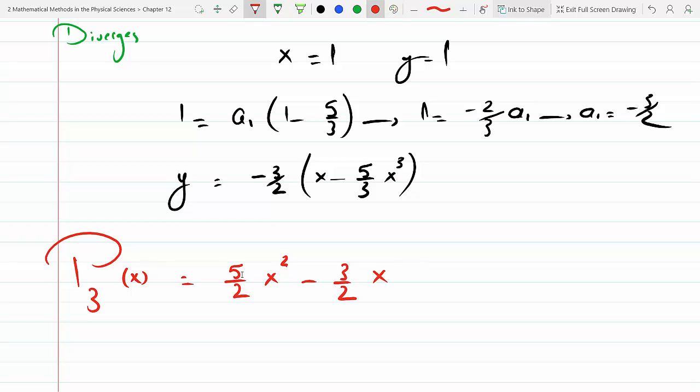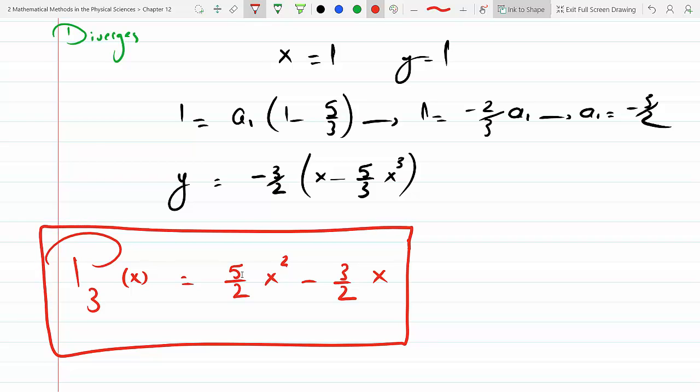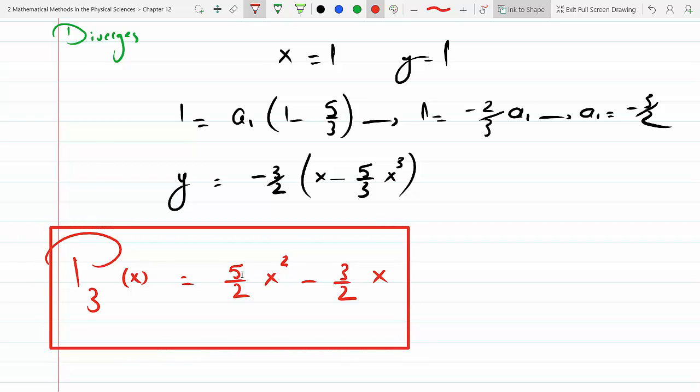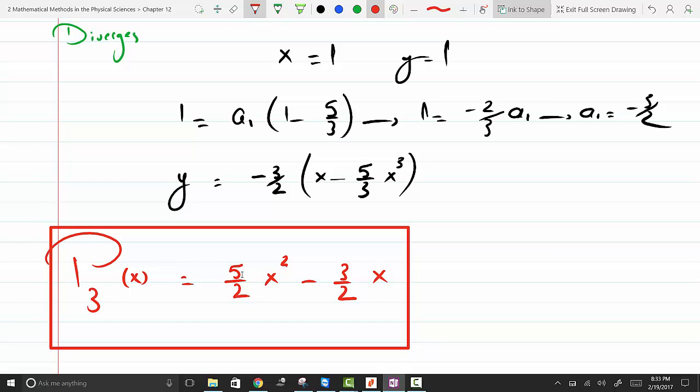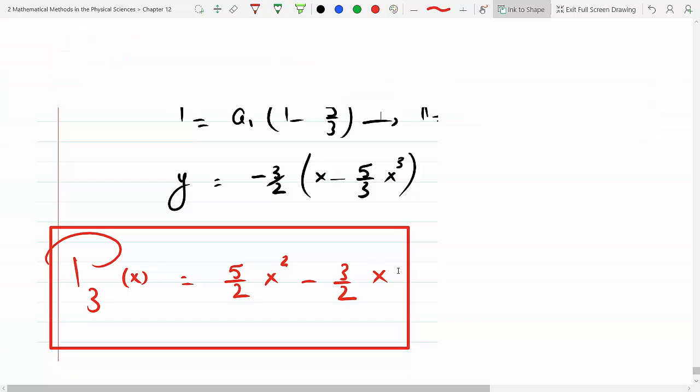You could continue and get all of them this way. Sorry, this is x cubed, not x squared. So this would be P3 of x, the Legendre polynomial.